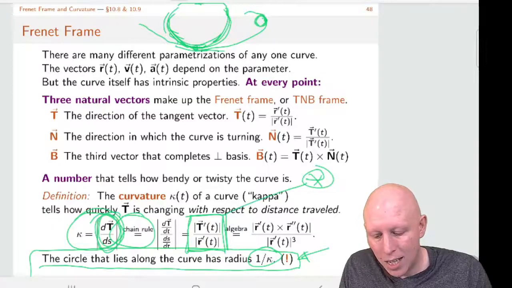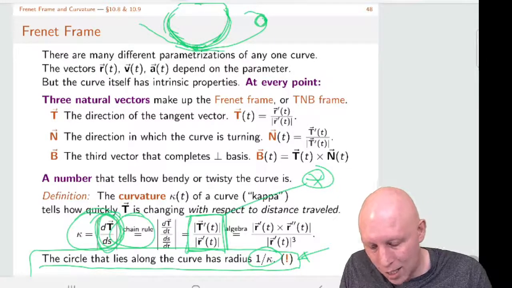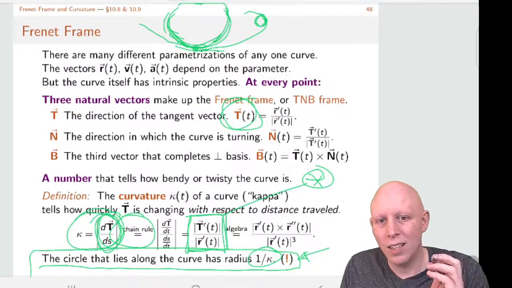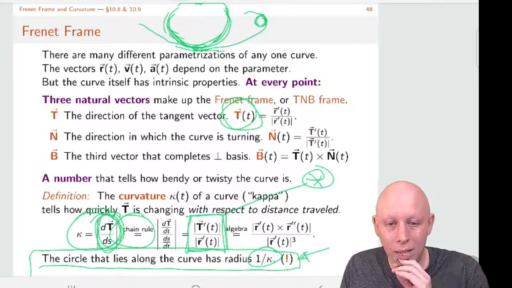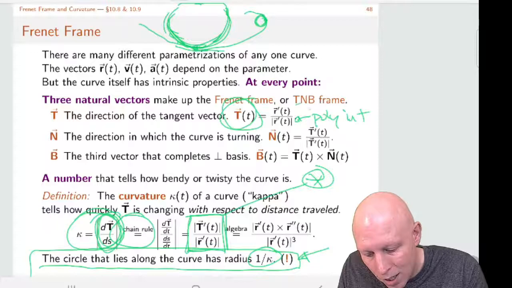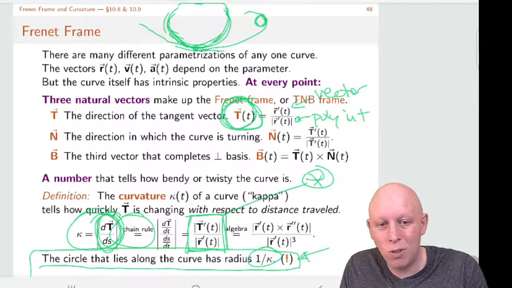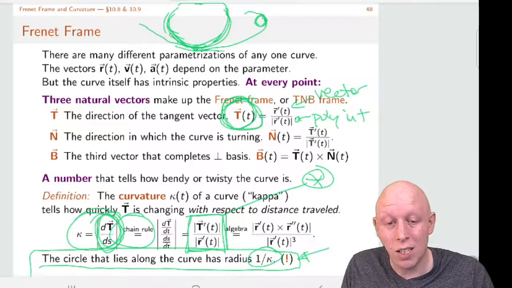This is actually rather ugly to calculate. T is a derivative divided by the length of that derivative. This is a vector, so what that means is that T of t is really a bunch of rational functions. And so its derivative is annoying.